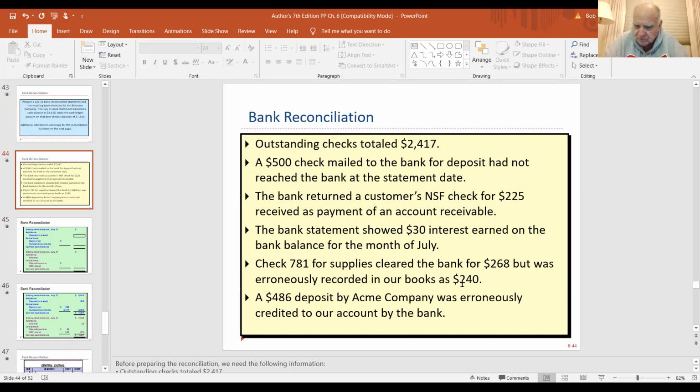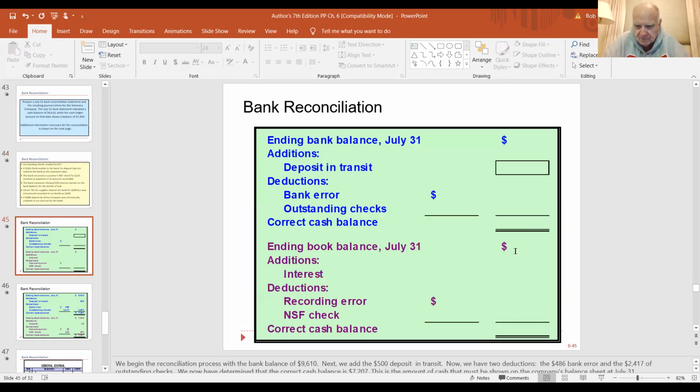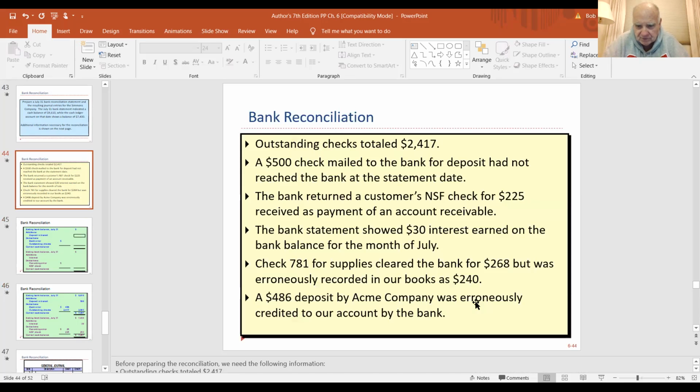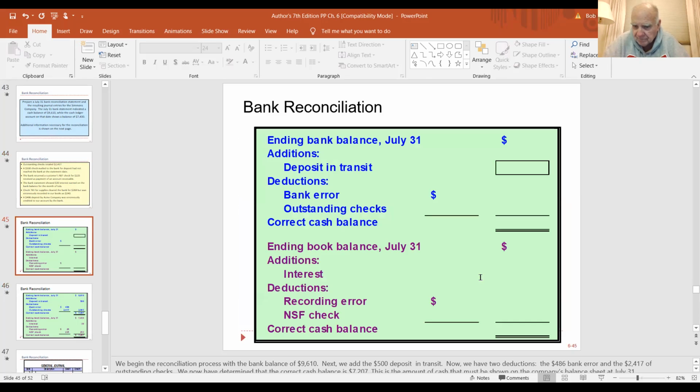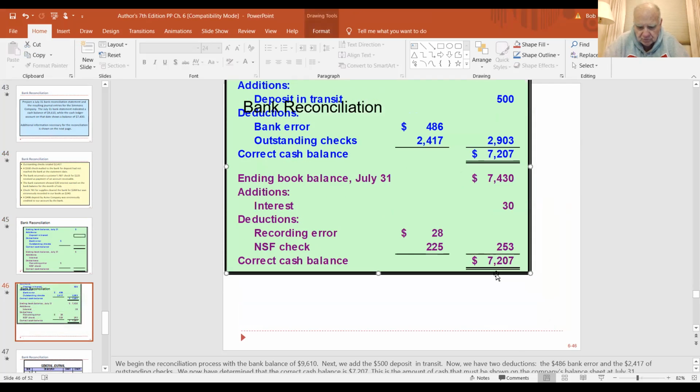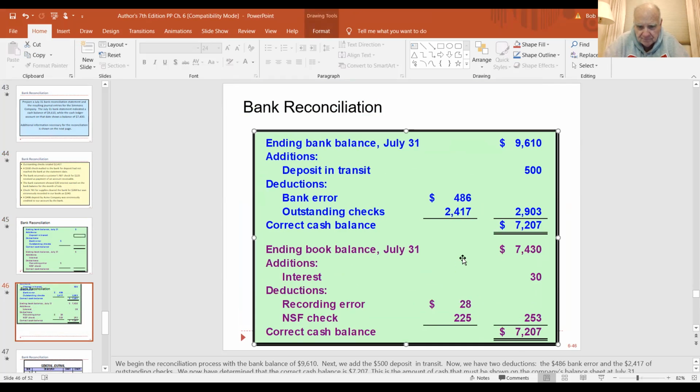We thought the check was only $240. So that's $28 we're going to lose. So take a look, $7430 plus that $30 interest minus the NSF check. And the 28 is the difference between the 268 and the 240. We're now reconciled.